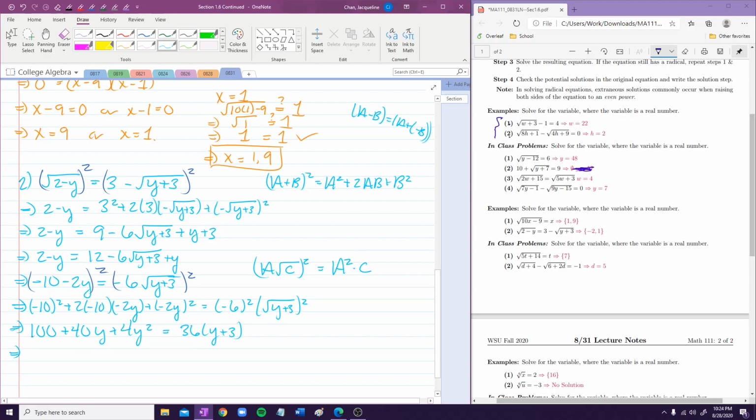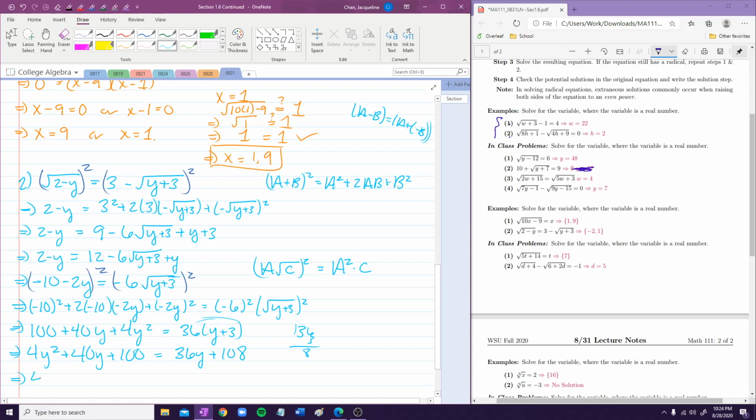Right? So I notice this is a quadratic. First of all, I'm going to distribute this, and on top of distributing, I'm going to rearrange the left-hand side in descending order. So this is going to be 4y squared plus 40y plus 100 is equal to, and then we have 36y plus 36 times 3, which is 108.